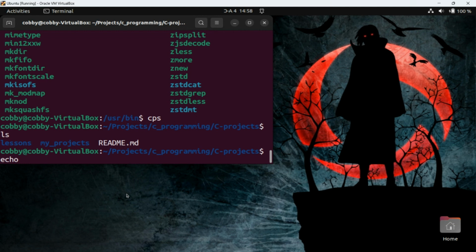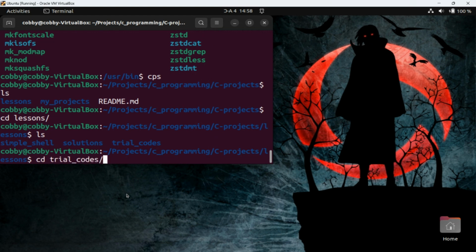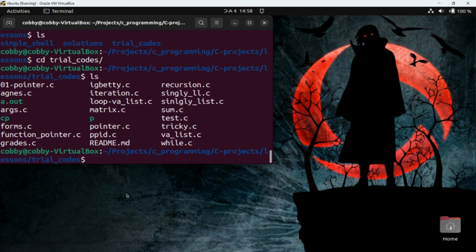The shell is responsible for the input and output redirection. Let me go to my trial codes. I use aliases that I mostly forget where they are.